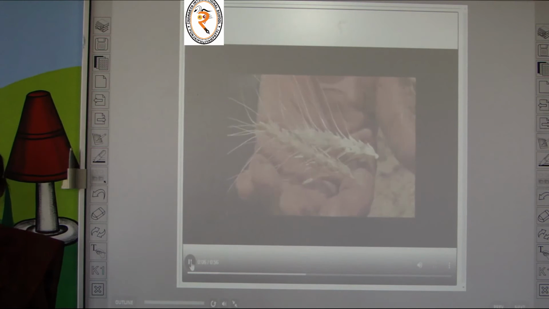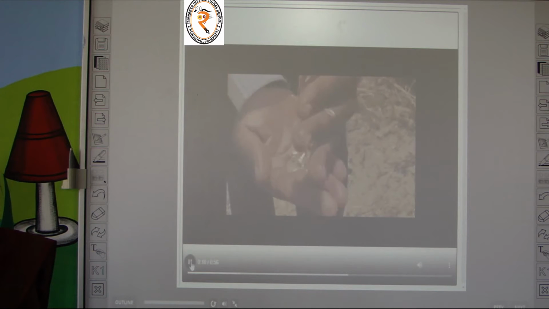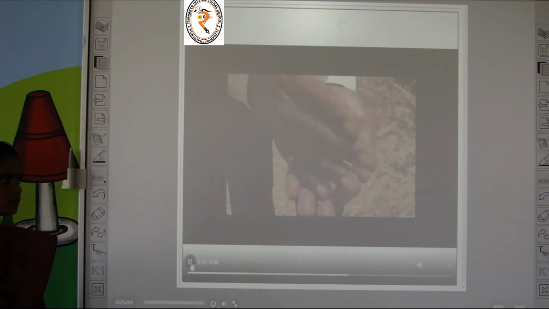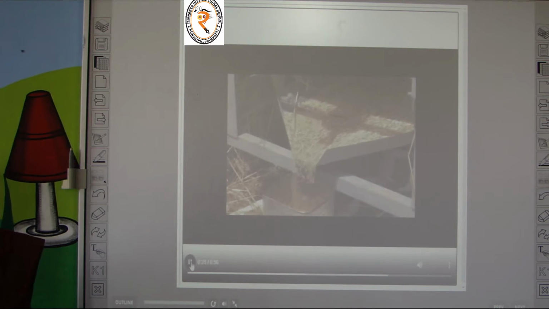Winnowing is used to separate the heavier and the lighter components of a mixture by wind or by blowing air. Today, in the industrial world, it is done mechanically. This method is commonly used to separate the lighter husk particles from the heavier grains. The husk particles are carried away by the wind.